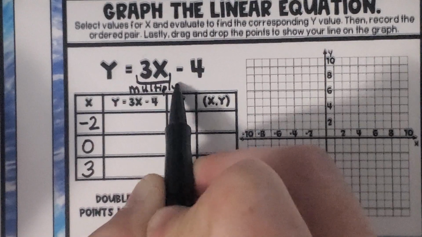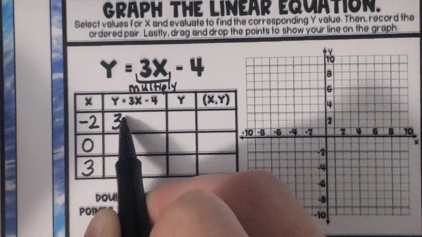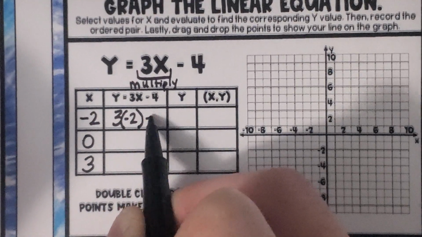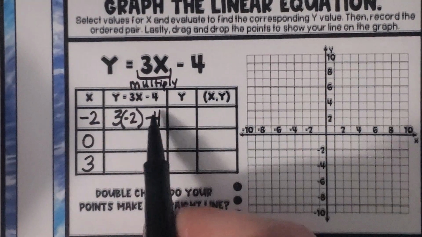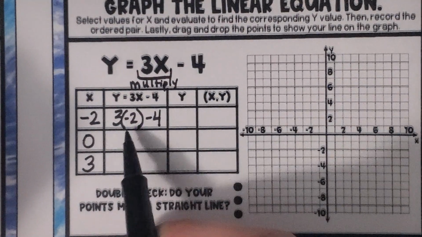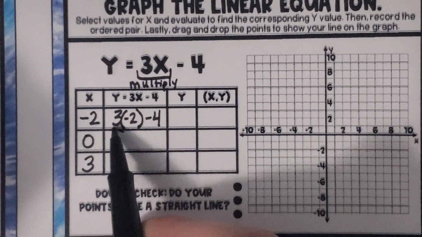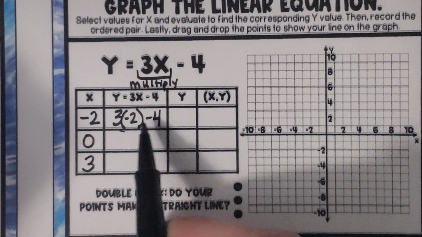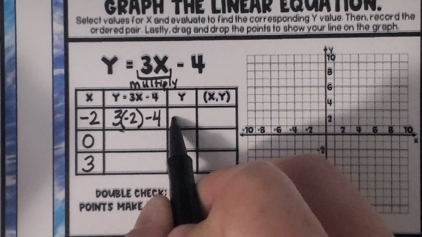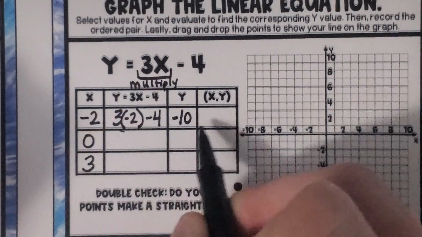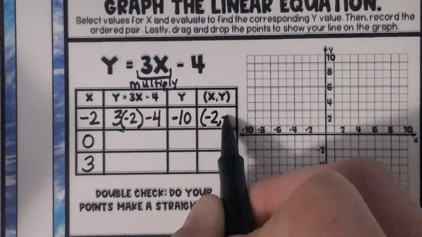So I'm going to take 3 and multiply it by my x value, which is negative 2, and then I'm going to subtract 4. I can plug this into my calculator, but I know that 3 times negative 2 is negative 6, and negative 6 minus 4 is negative 10. So my point is going to be negative 2, negative 10.